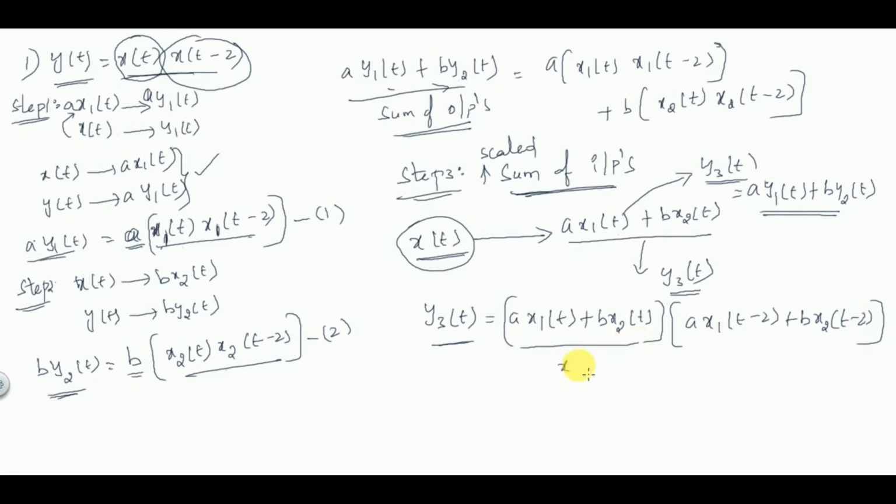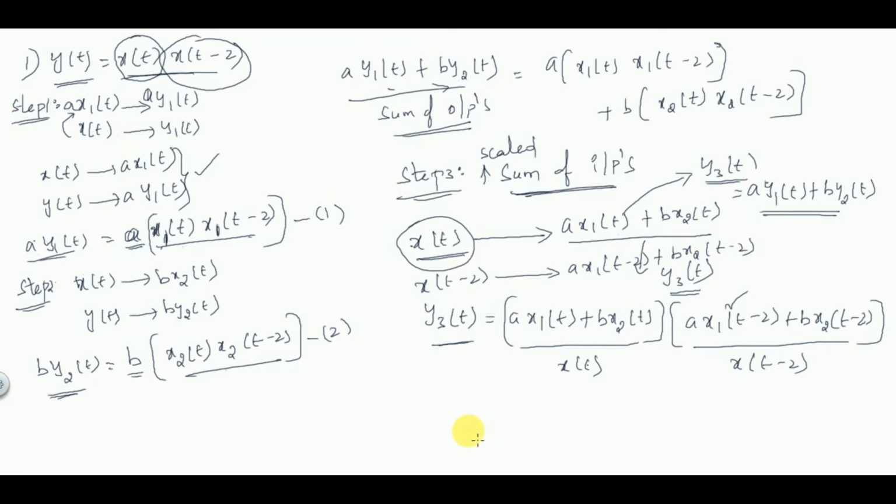Because x of t is equal to this, for x of t minus 2 just replace t by t minus 2: a into x1 of t minus 2 plus b into x2 of t minus 2.